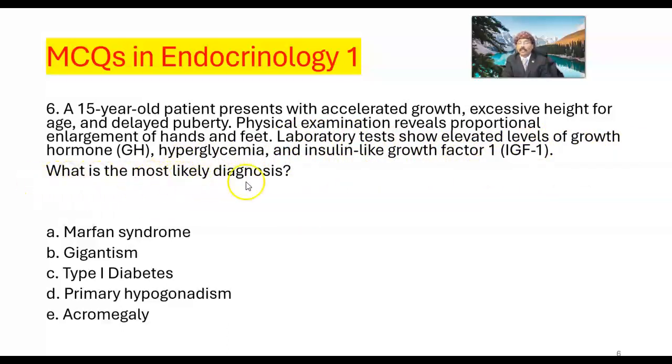What is the most likely diagnosis? Marfan syndrome, gigantism, type 1 diabetes, primary hypogonadism, acromegaly. Answer should be gigantism. Okay, this is the answer. It should not be acromegaly because he is only 15 years old.